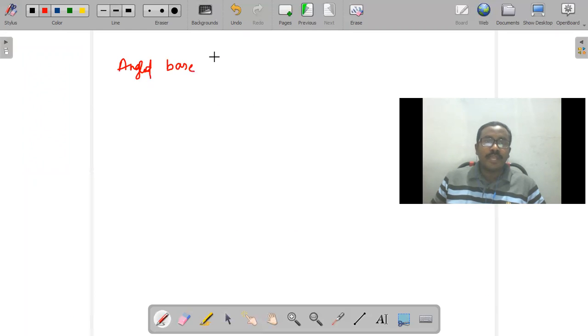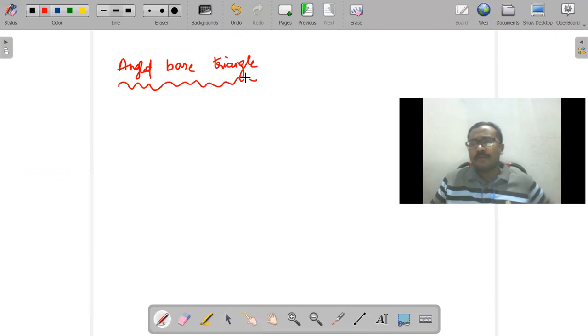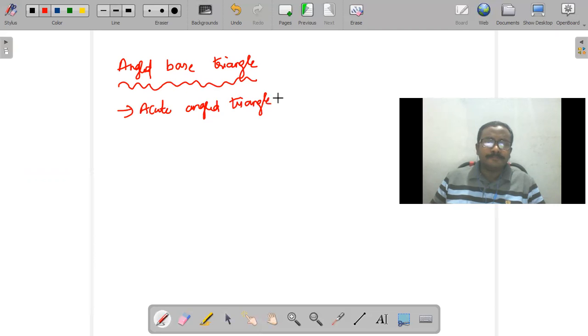Angle-based triangle. What is the meaning of angle? An angle is formed when two rays have one common vertex. Now in angle-based triangles, we have acute angle triangle, right angle triangle, and the last one called obtuse angle triangle.